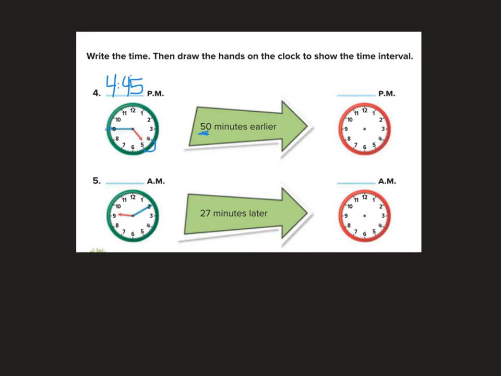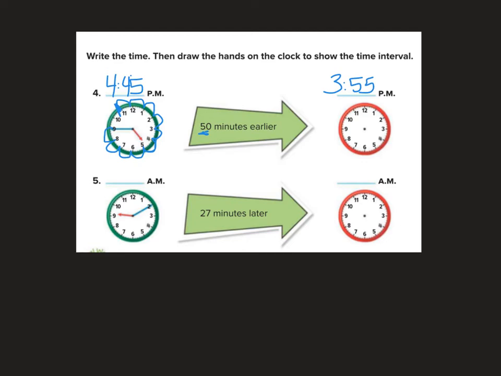So if I count backwards, 5, 10, 15, 20, 25, 30, 35, 40, 45, 50. Okay, so it's going to be 55. Is it going to be 4:55? No, because 4:55 is actually after 4:45.